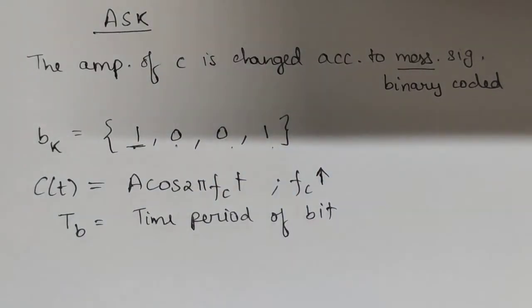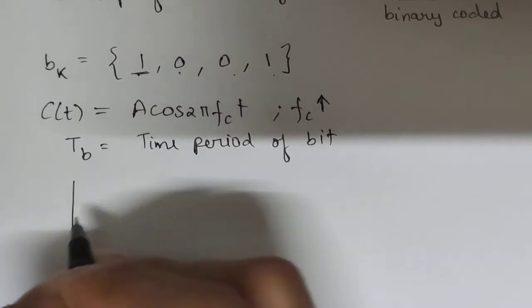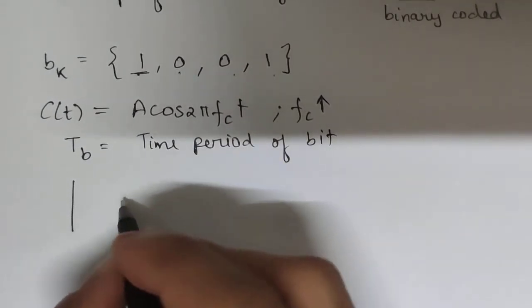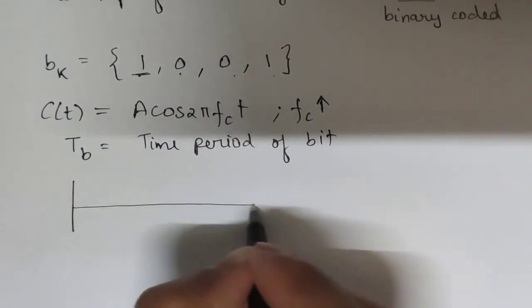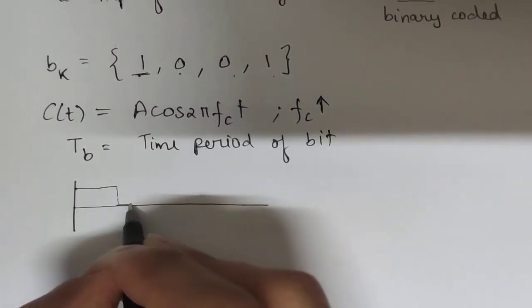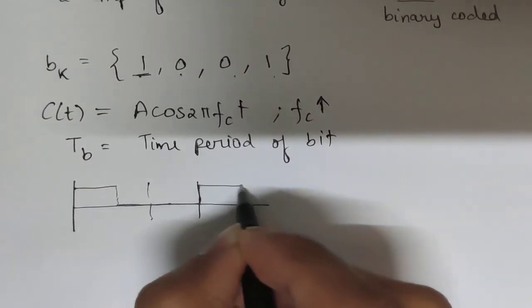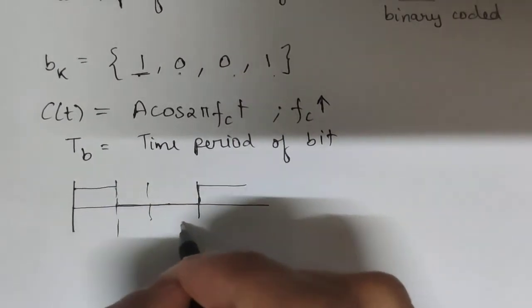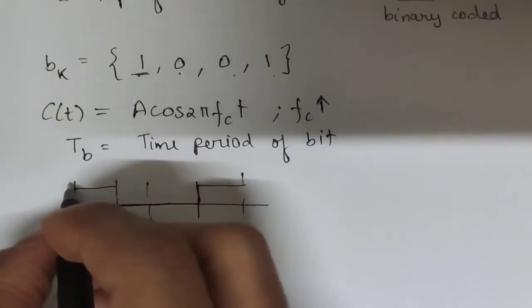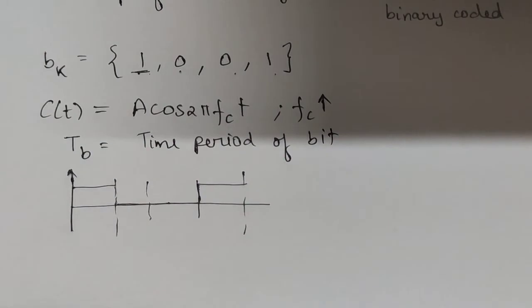Let me write it. It will be more clear. It is 1, 0 and 1. What we are doing here is, I am representing 1 with some voltage level.